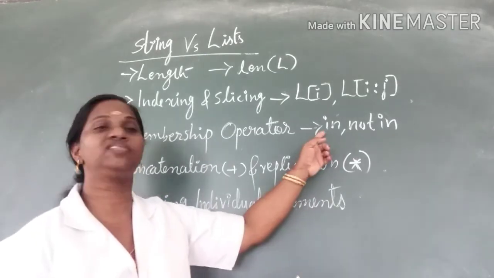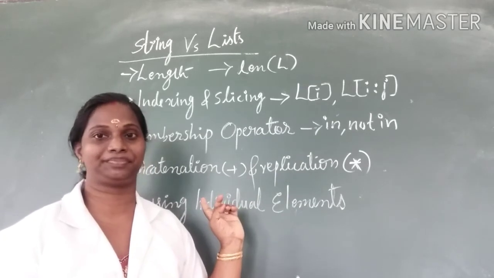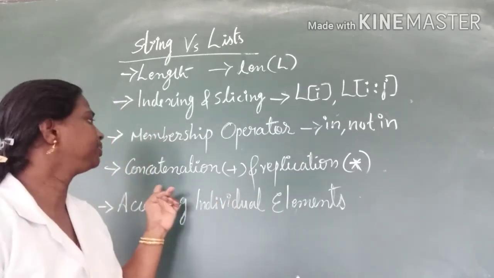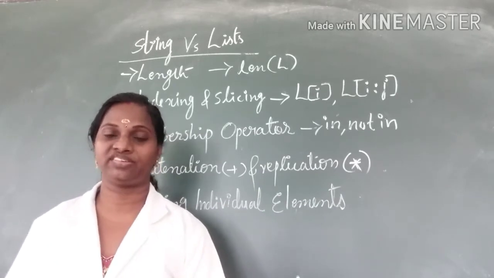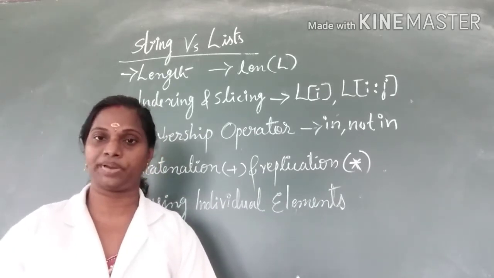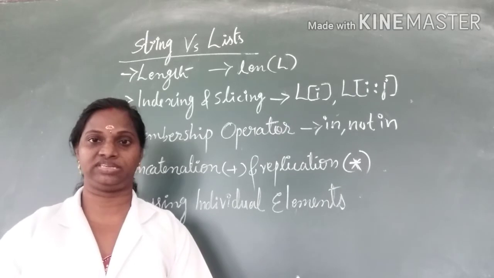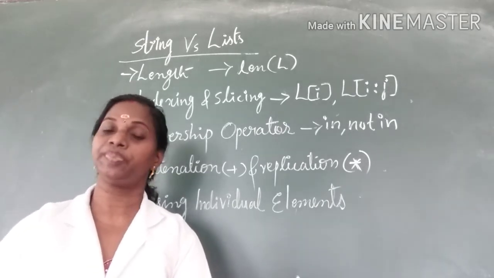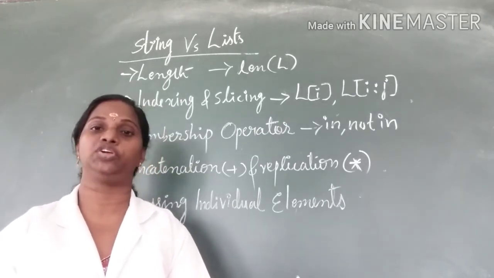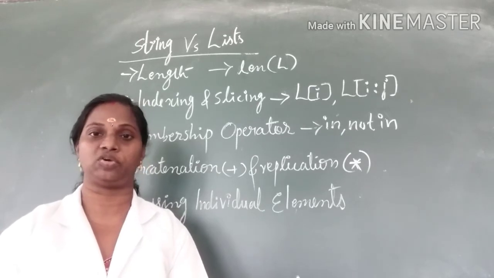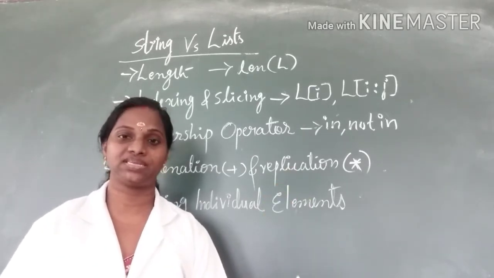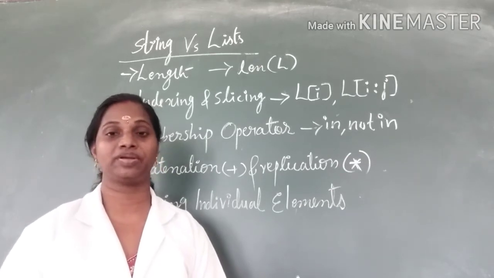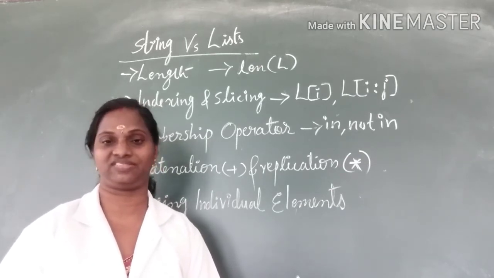These two operators also work in lists. Next, the concatenation and replication operators work with lists. Concatenation is used to join two strings or two lists, and replication is used to repeat the given string or list a number of times.